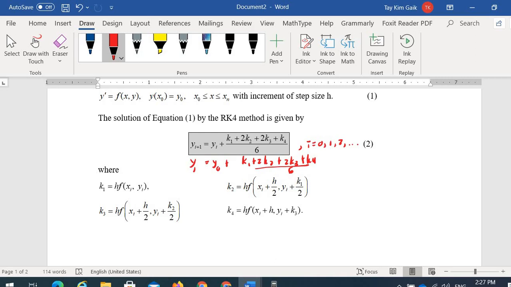And k2 is the same function f(x,y), only with x replaced by x plus h over 2 and y replaced by y plus k1 over 2. For k3, x is x plus h over 2 and y is y plus k2 over 2. And for k4, in the function x is replaced by x plus h, and y is replaced by y plus k3.